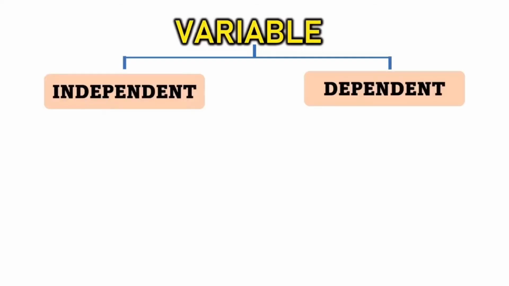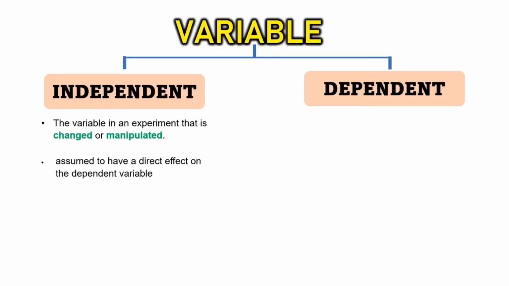There are 2 common variable types in research: the independent and dependent. Independent variable is the variable in an experiment that is changed or manipulated. It is assumed to have a direct effect on the dependent variable.